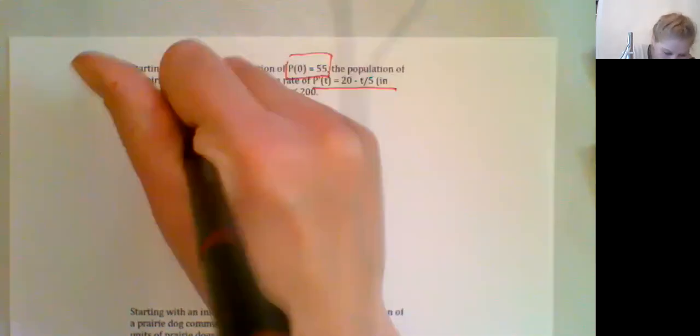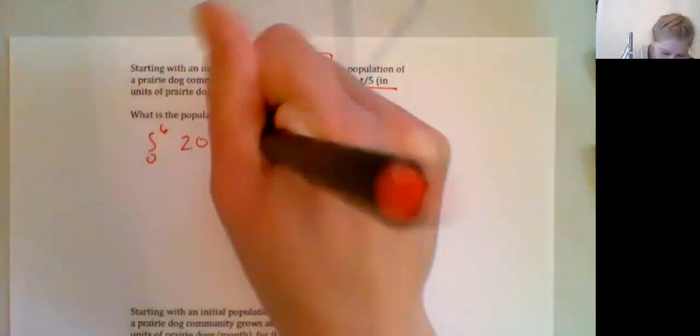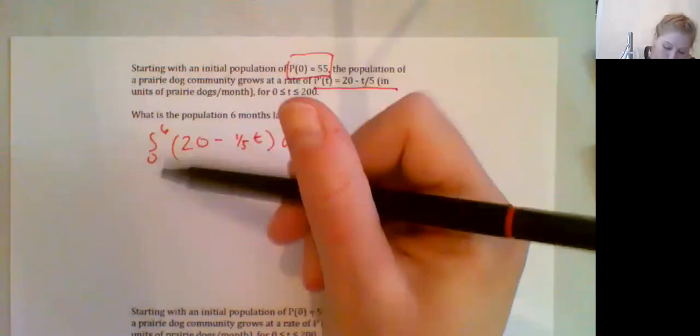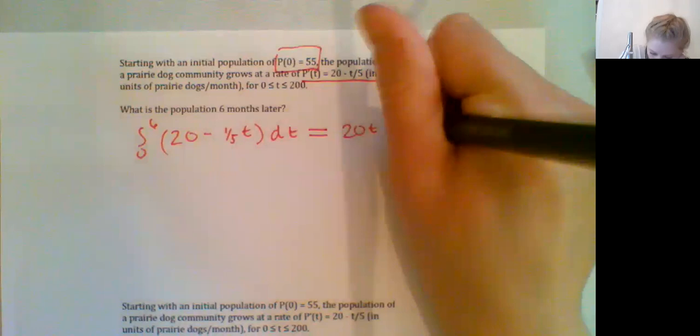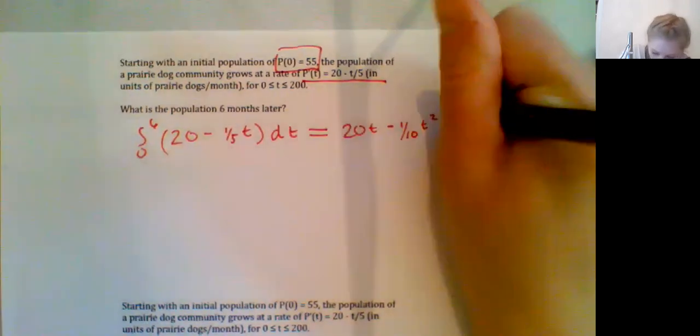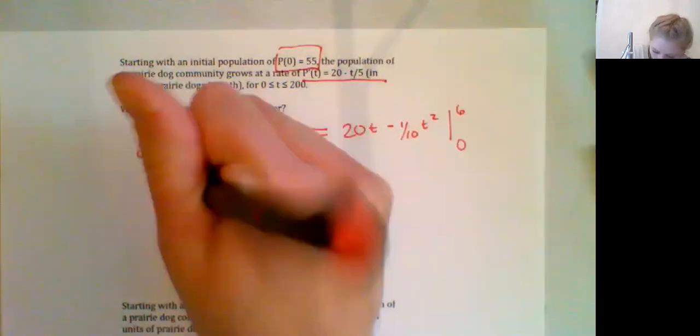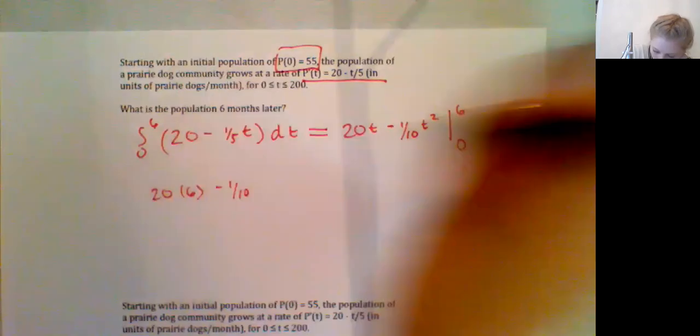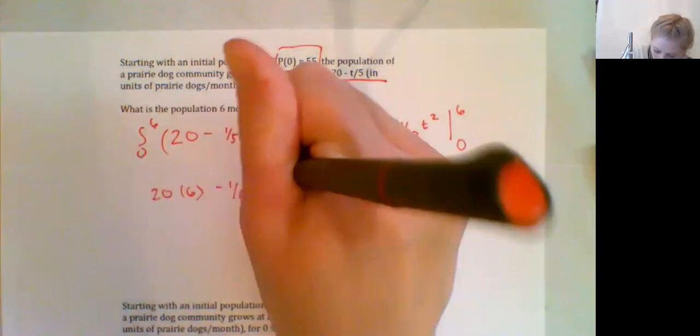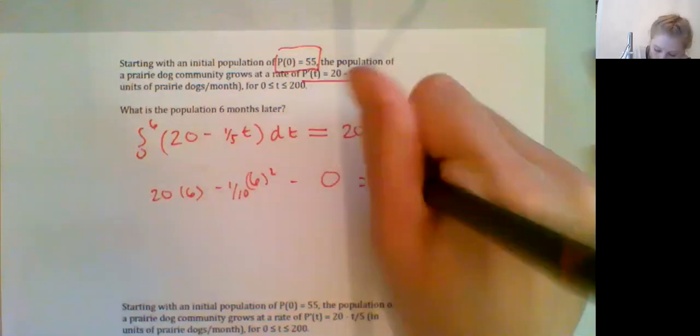We are going to integrate this function on the interval of 0 to 6 because it says 6 months later. And that is going to give me 116.4.